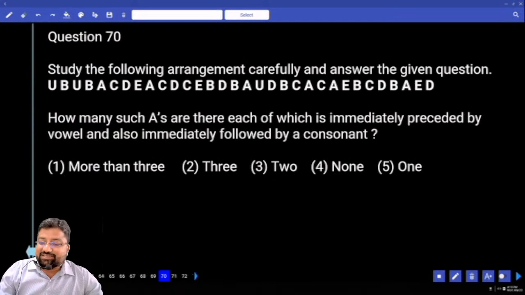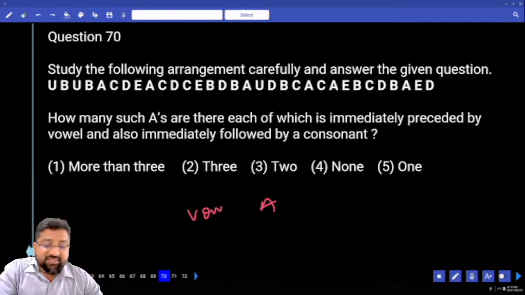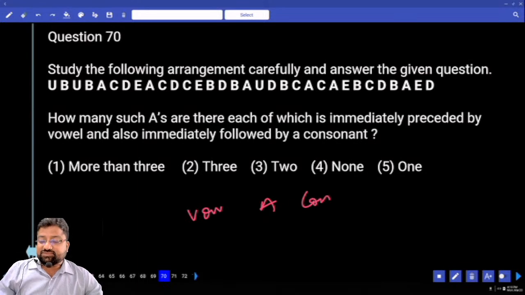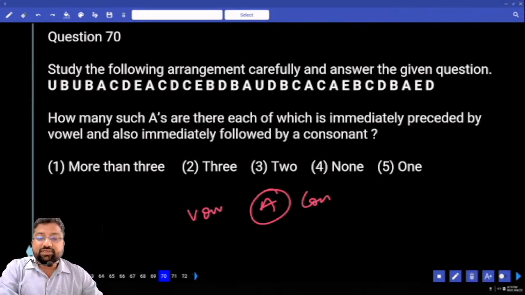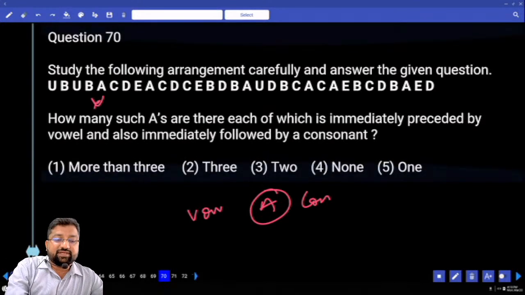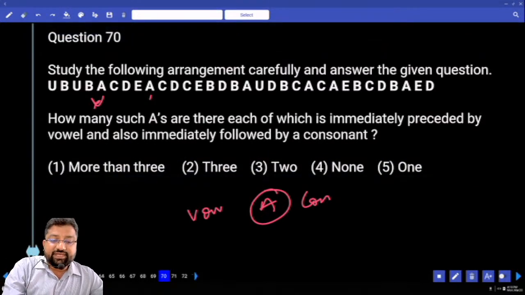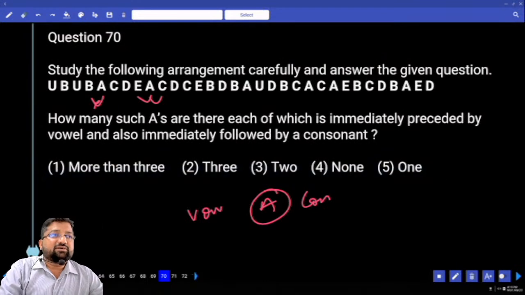How many such A's are there, each of which is immediately preceded by a vowel and immediately followed by a consonant? Now you are talking only about A's. Let me concentrate on A. Before A there should be a vowel. Will I consider this? No. Before A there is a vowel and followed by a consonant.